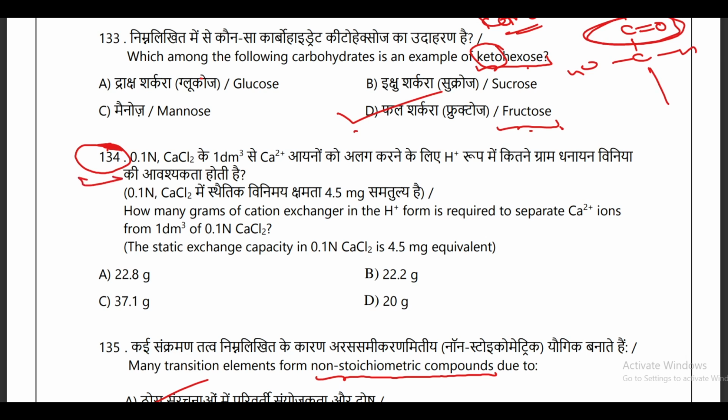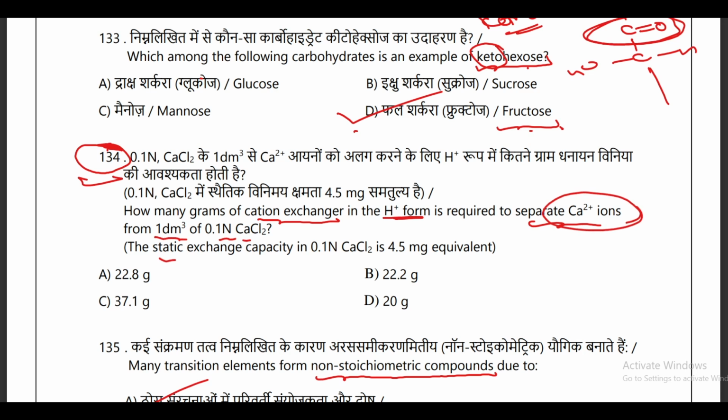Okay, in the last video I left this question. Just read this question once again. They are asking how many grams of cation exchanger in H positive form are required to separate calcium two positive ions from this volume of this normality calcium chloride, and they are providing you the static exchange capacity value.